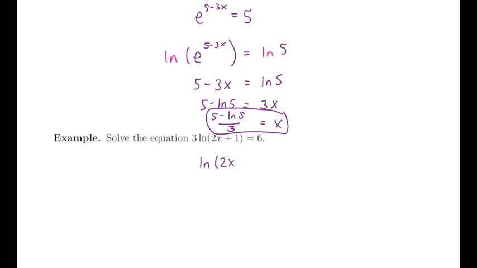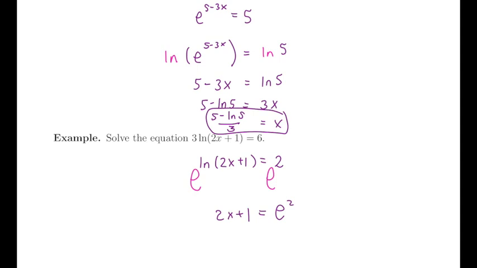That gives you ln(2x plus 1) is 6 over 3, which is 2. And then raise both sides to a base e. And you'll see why in a moment. So when we do that, e to the ln, remember, have the effect of canceling out. So all we're left with is 2x plus 1 on the left side and e squared on the right side.